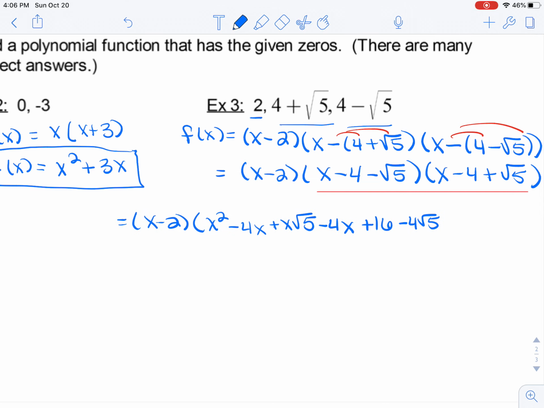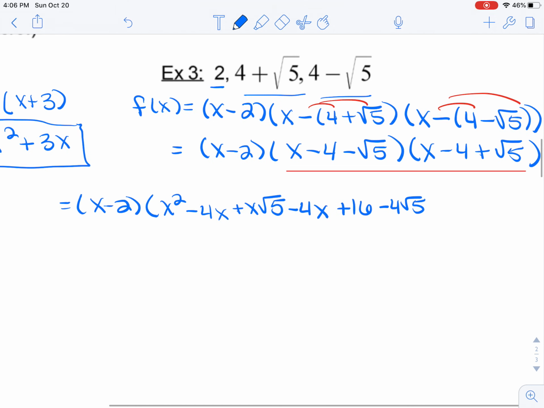And now we have to distribute that negative square root 5 to each term. So I can say this would be negative x square root 5 plus 4 square root 5, and then negative root 5 times positive root 5 would just be minus 5.